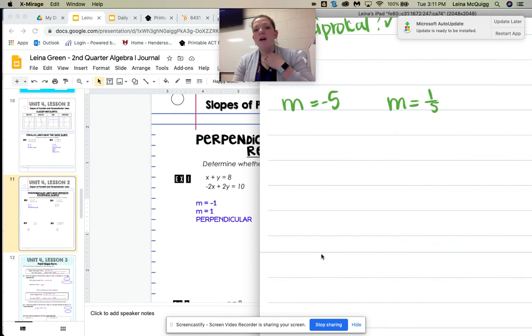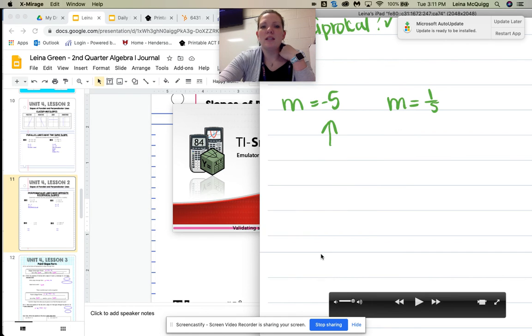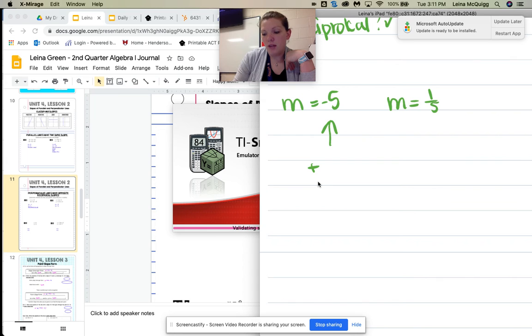So I want to focus on this negative 5. If I took the opposite sign, would it be positive or negative? Well, if it's already negative, the opposite of that is positive. So I'm looking for positive. That works. And then I want to flip it. To turn a whole number into a fraction, I can write it over 1.